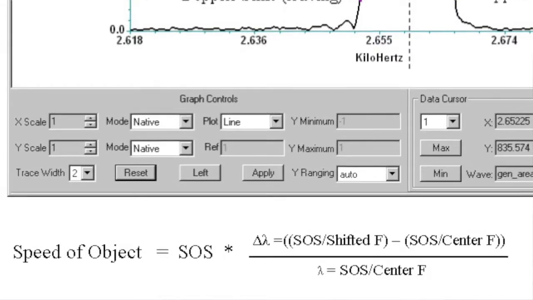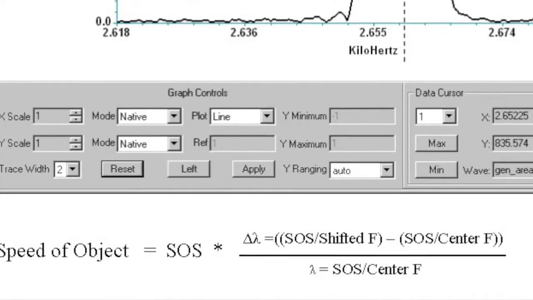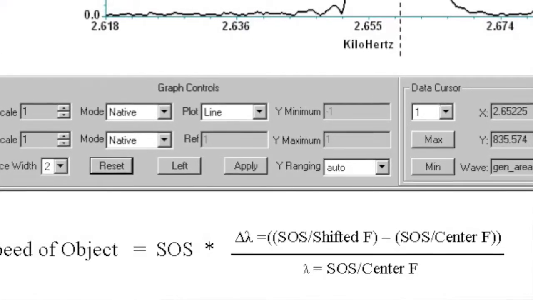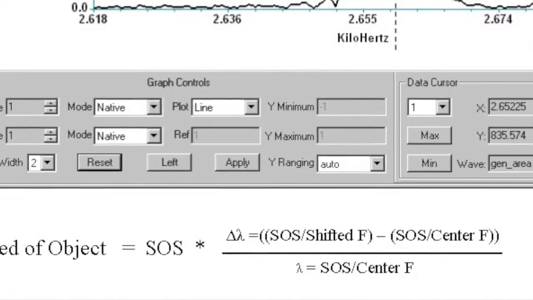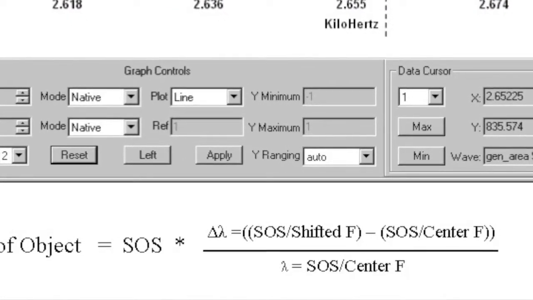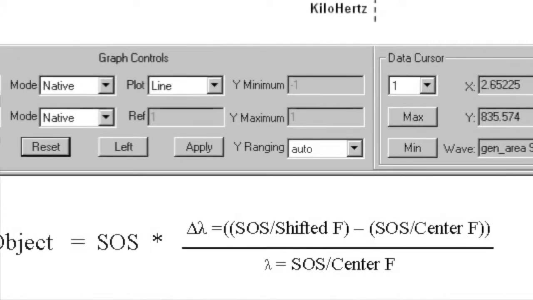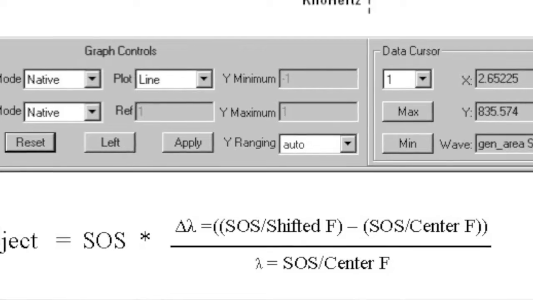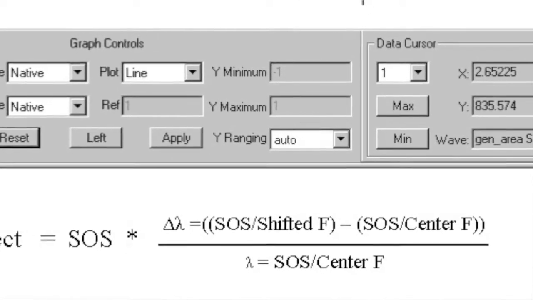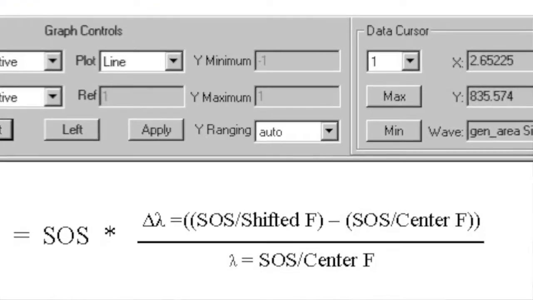Speed of object is equal to the speed of sound times the wavelength, which is the speed of sound divided by the shifted f, minus the speed of sound divided by the center frequency, over lambda, which is the speed of sound divided by the center frequency.